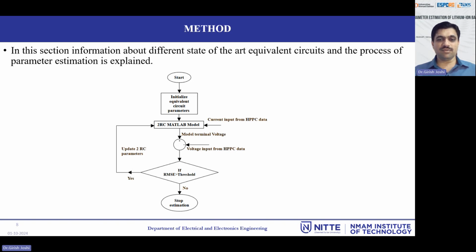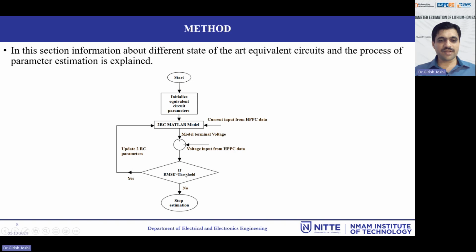That is why the model terminal voltage will appear different from the voltage input from the HPPC data. If the error is large, the root mean square error is calculated from the error in the present iteration and compared with the threshold value. The threshold value is taken in the range of 0.02%.